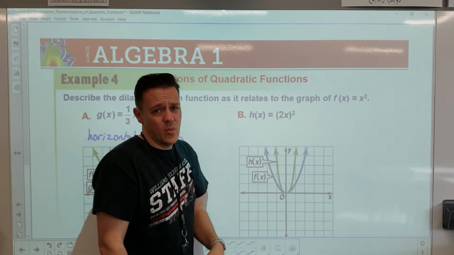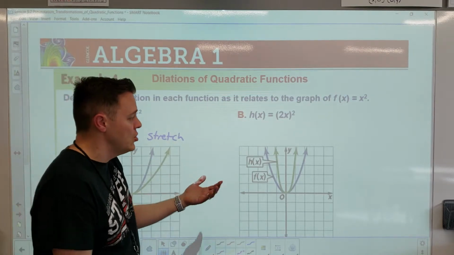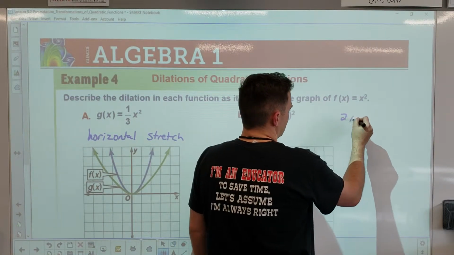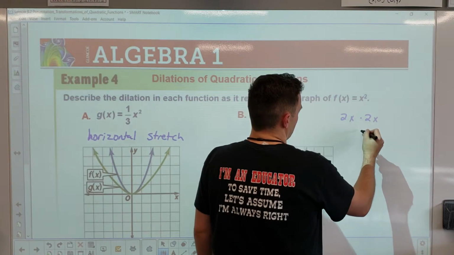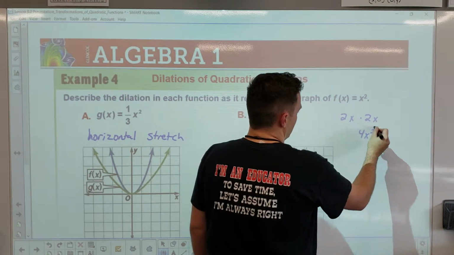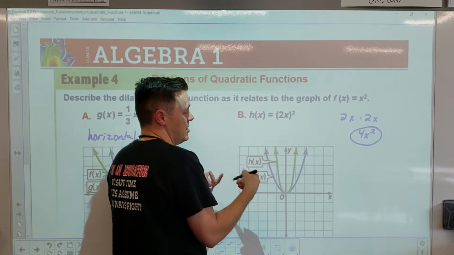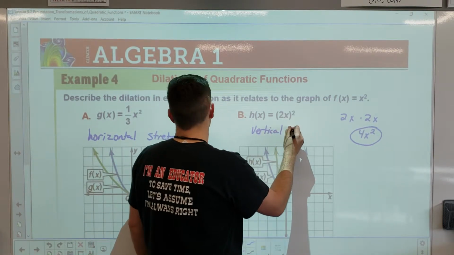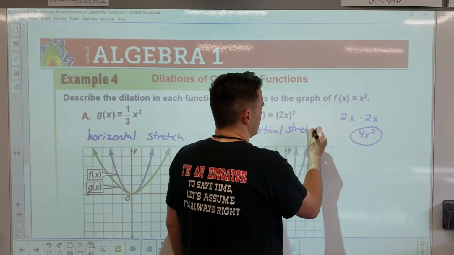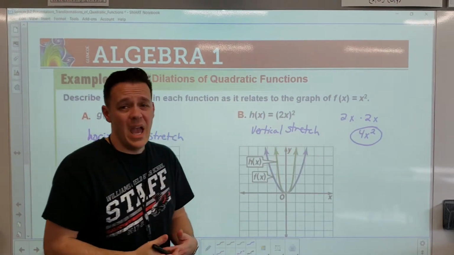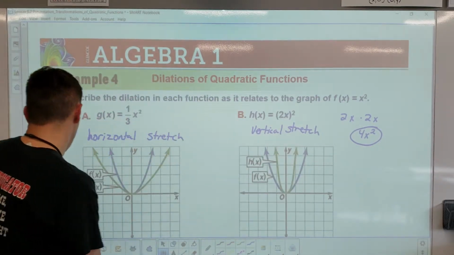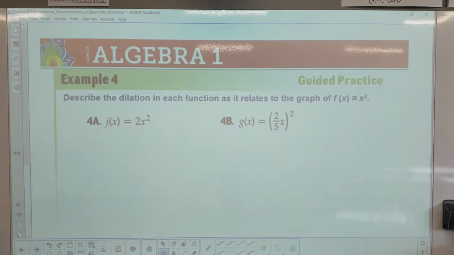Anything greater than 1, which in this case is 2, would be what? Actually, it would be 2x times 2x, which would be 4x squared. All right, that's technically what this is. And then this is what's called a vertical stretch. All right, and the reason it's vertical is because the a, which represents 4, is greater than 1. All right, so what I want you guys to do is please try these two real quick.